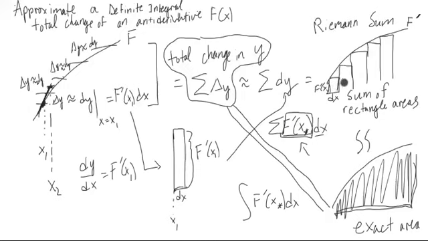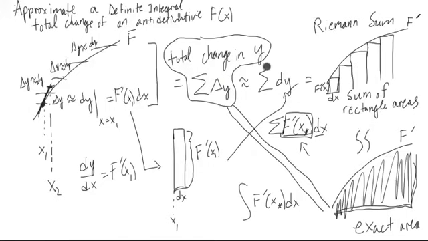This sum of rectangles approximates the area under the curve of f prime, and we know that the area under the curve of f prime ends up being exactly the change of y, or the definite integral itself, which we're trying to approximate.